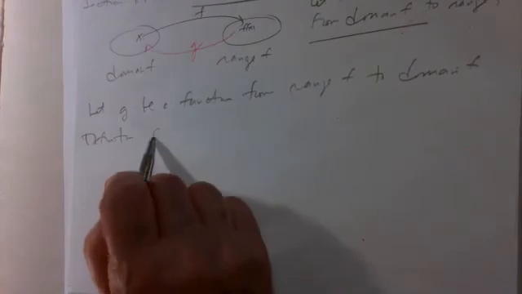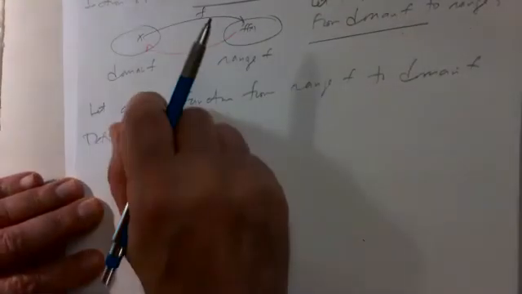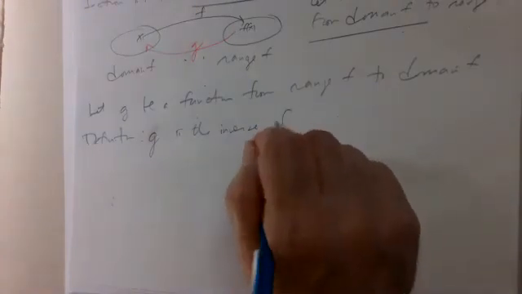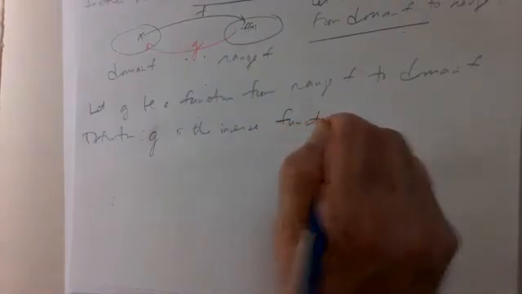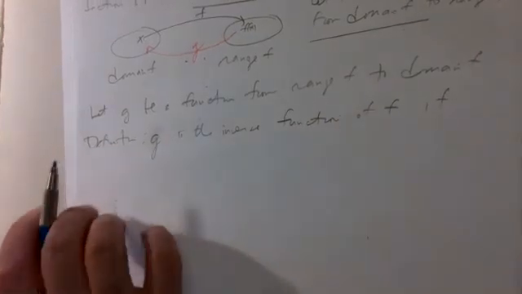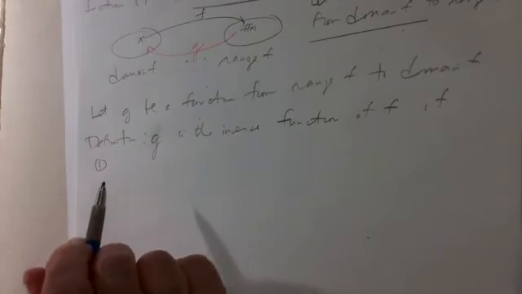So here is the definition. g is the inverse function of f if the following two conditions hold.